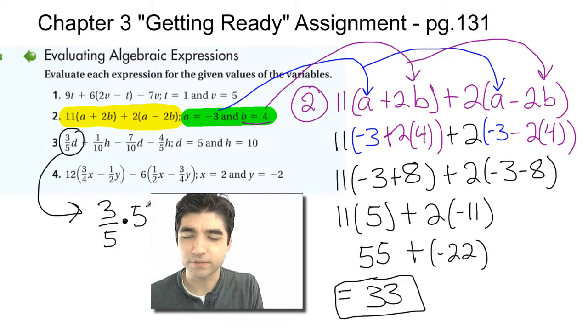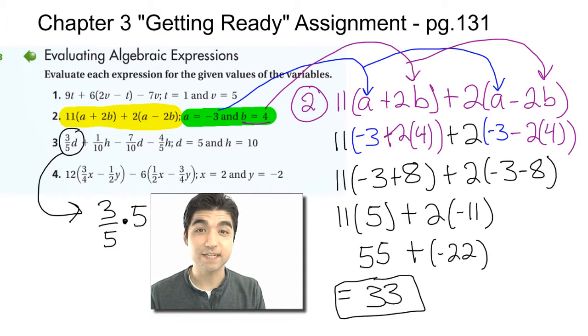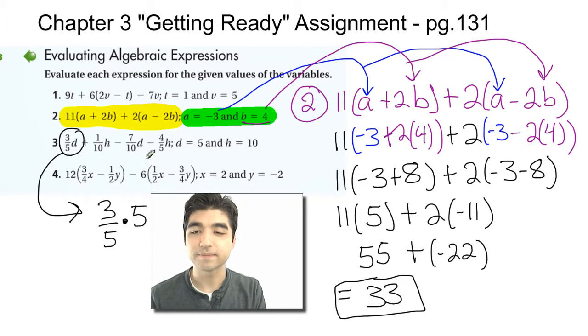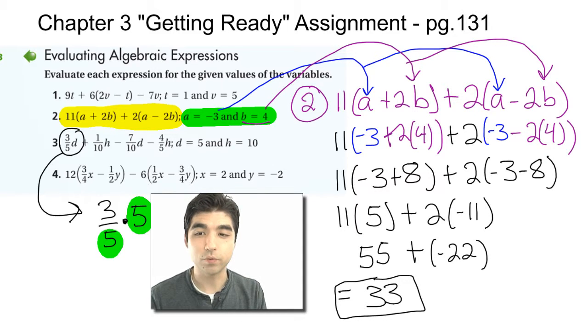If you have 3/5 times 5, what's cool is that all you need to do is take this number divided by this number. Since there are 5s right here, 5 divided by 5 just equals 1. So this stuff just cancels out conveniently, and you're just left with the 3 here. That's how you handle those fractions multiplied by a whole number.